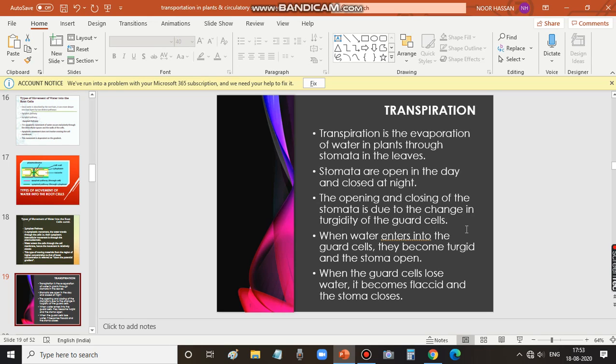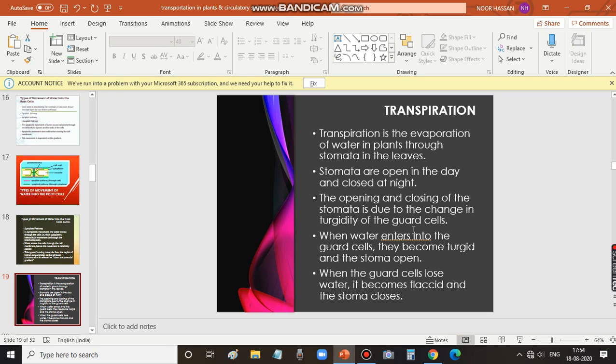We learned this also. The openings are protected on both sides by bean shaped cells called guard cells. These guard cells protect the stomata, and they also help to control the evaporation rate.